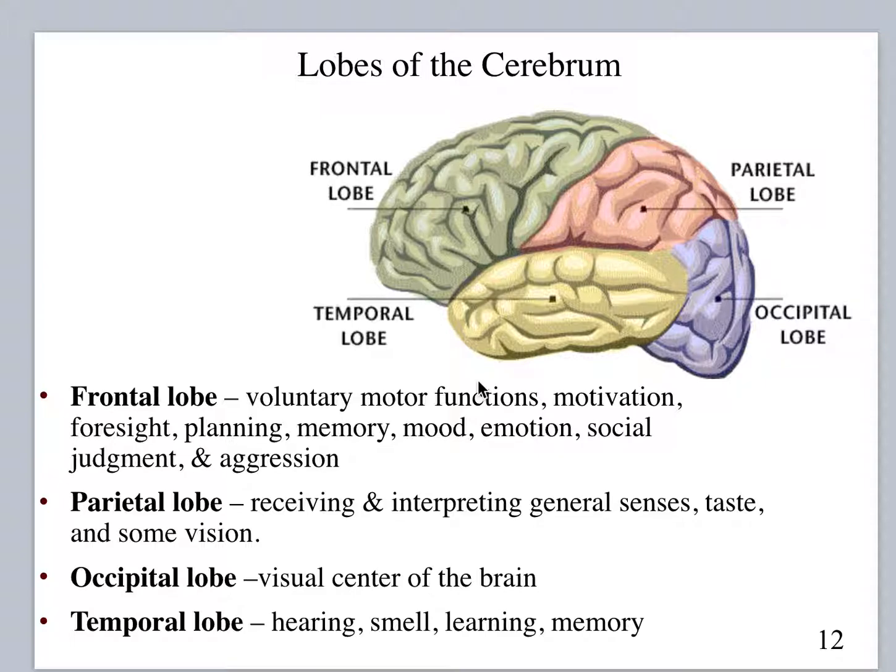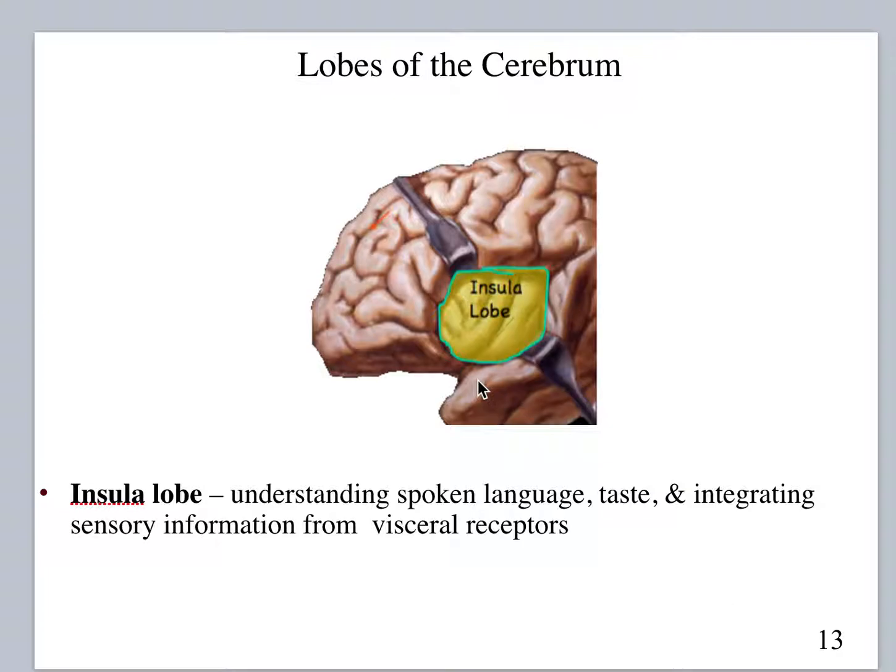But the occipital lobe is the main visual center of the brain. And the temporal lobe is the main center for hearing, smell, learning, and memory. The insula lobe is a lobe that's kind of hidden beneath the temporal lobe, and it helps understand spoken language and taste.